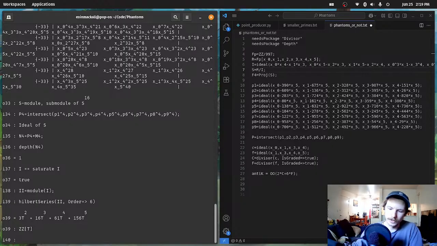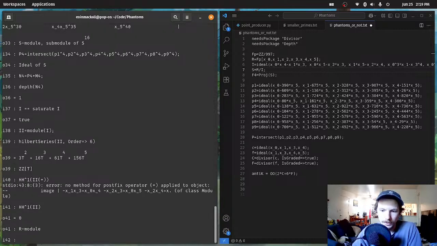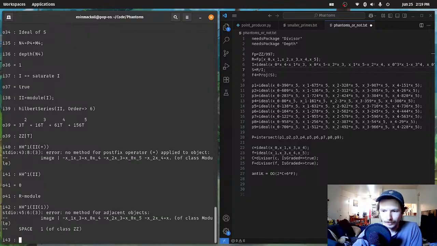What we really want is HH^1 of I, II, and then I don't know if this is going to work. Yeah. So we could just try doing this, and then doing that. Could make it a sheaf.